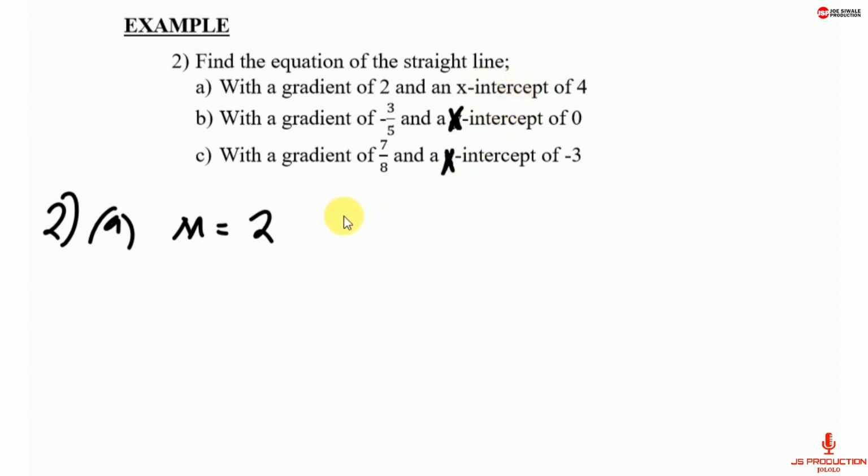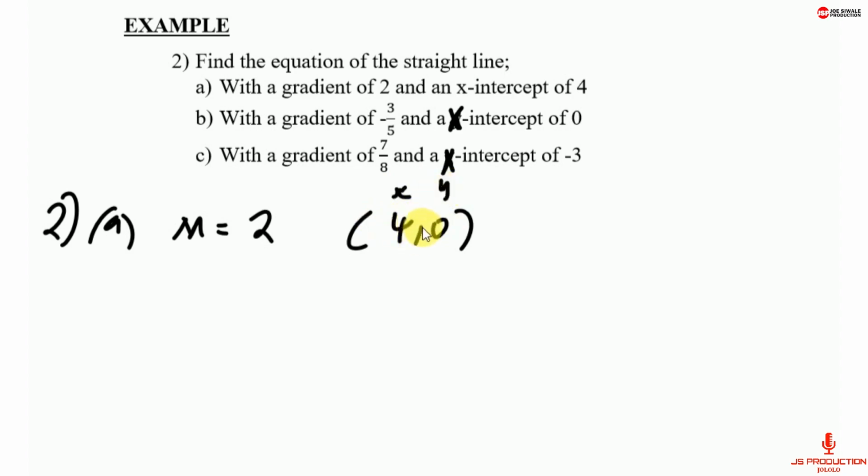So we can say that the coordinates there of the x-intercept, we're going to have 4, 0 there, since the x-intercept is the x-coordinate, which is where the line cuts the x-axis. So we know that that's our x and that's our y.